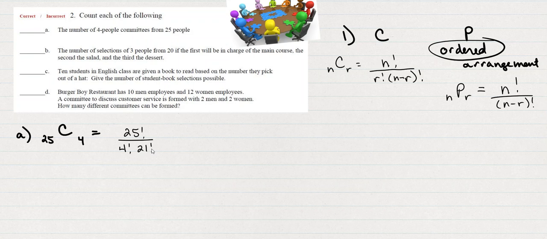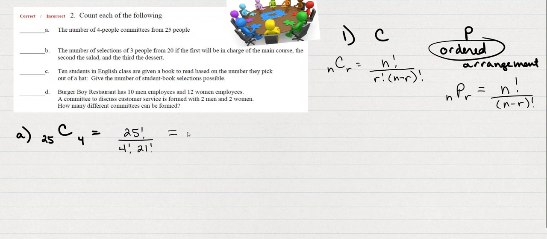If you have the probability key on your calculator, I'm using a Texas Instruments 30X, there's a PRB in the second row of buttons. When you hit that PRB, it gives you nPr or nCr. I'm going to type this combination of 25 choose 4.